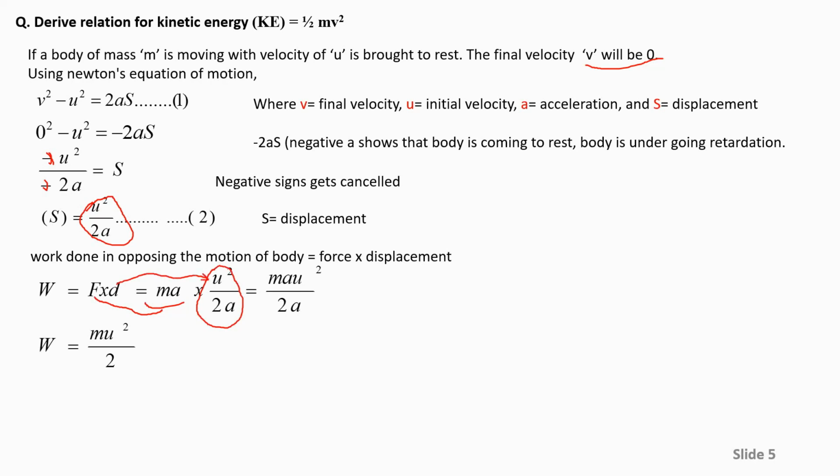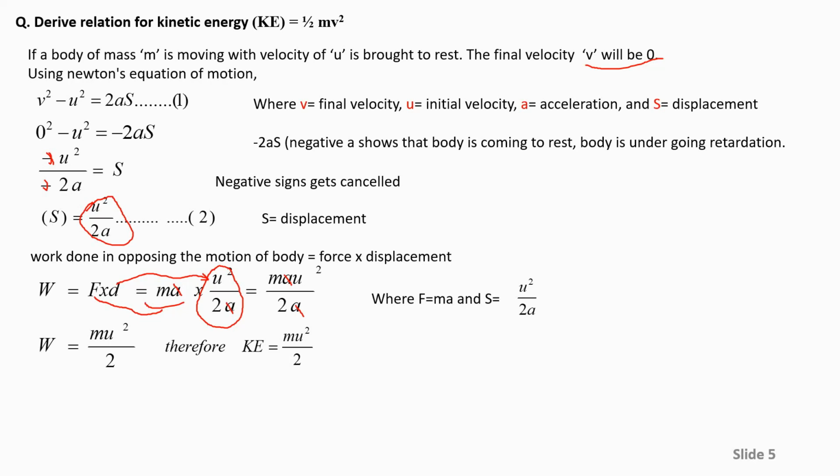So when you put together, we have m a times u square over 2a, and the a gets cancelled. So when we cancel a, we have mu square over 2.